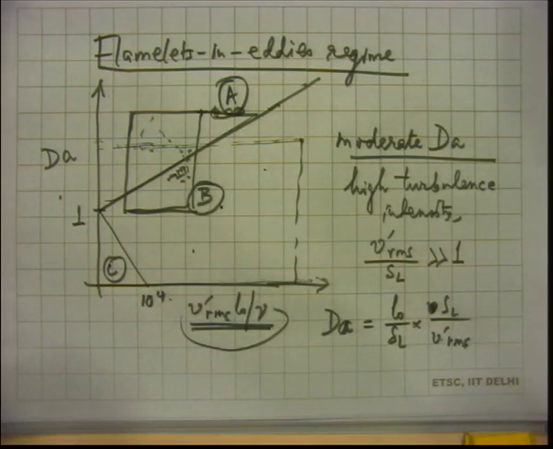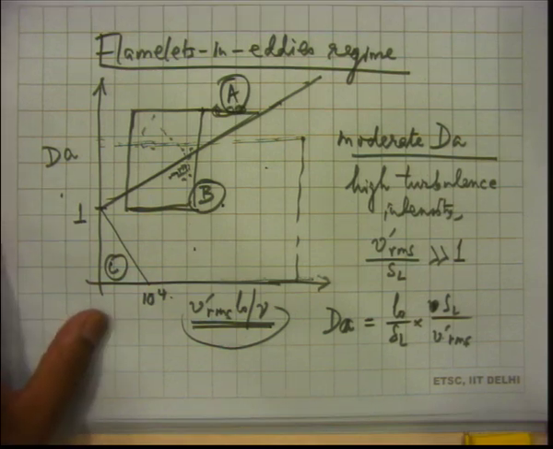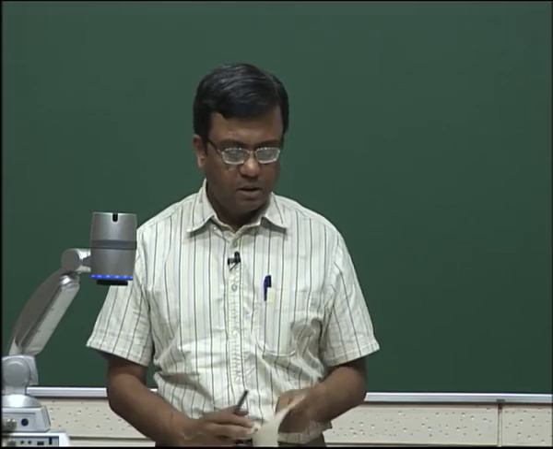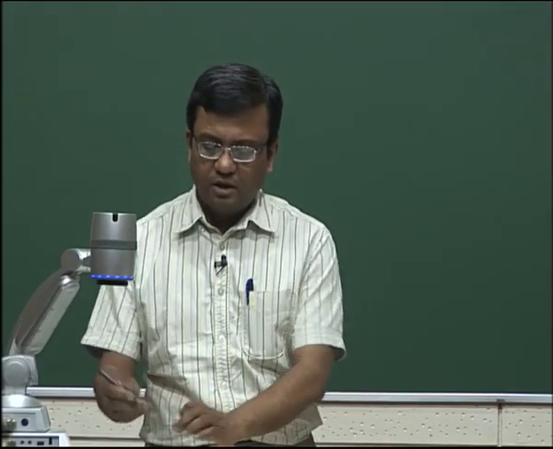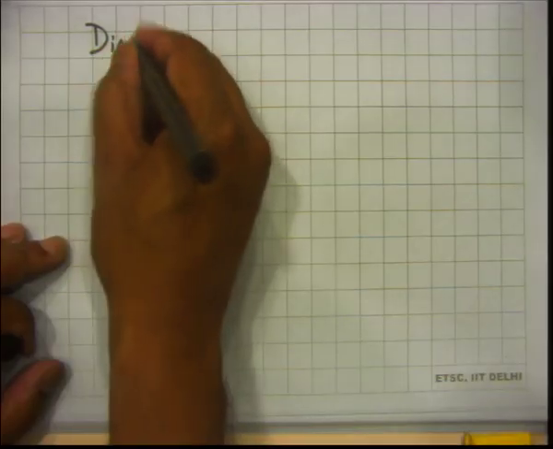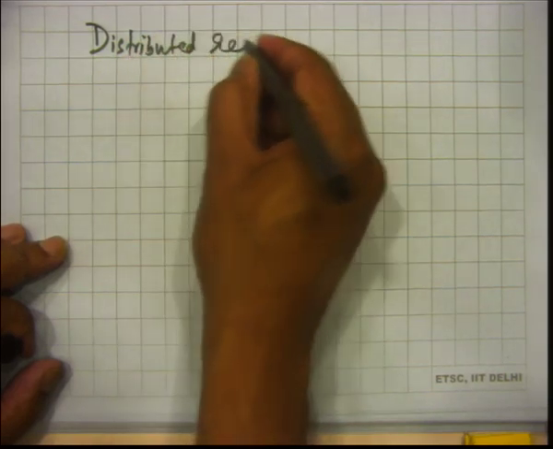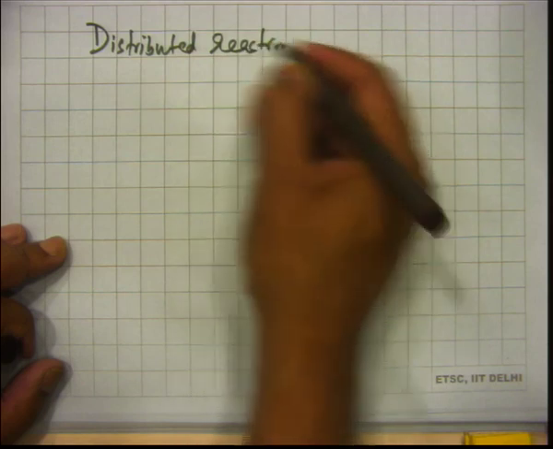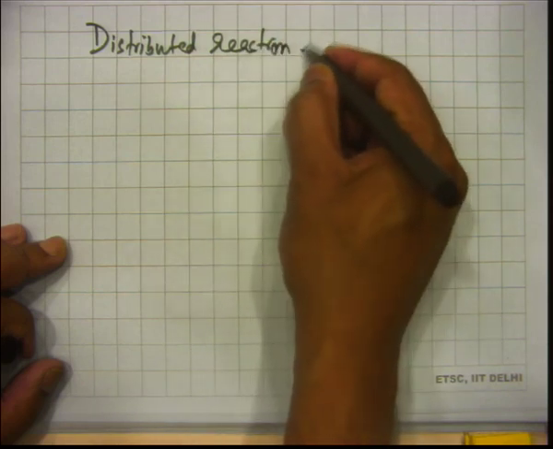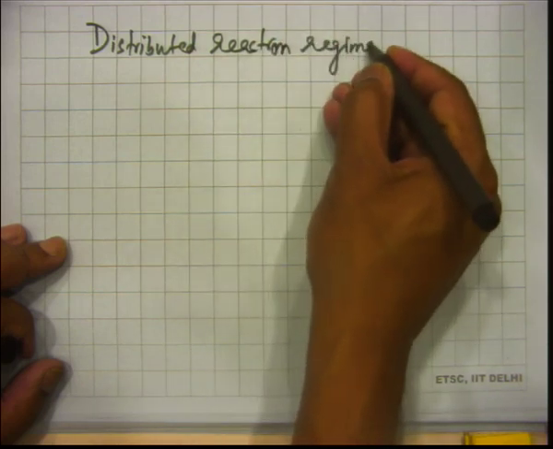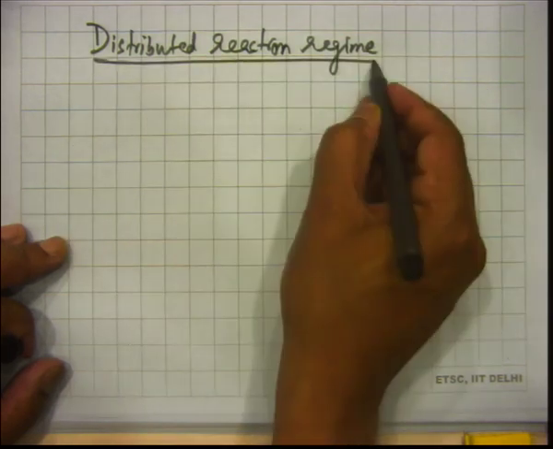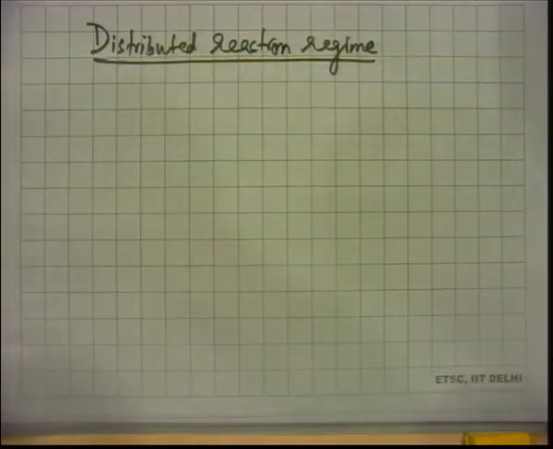Now, what about regime C? What do we understand about the distributed reaction regime?